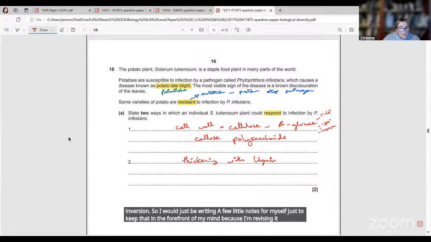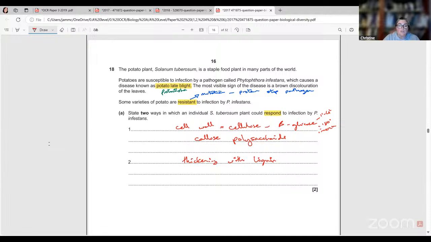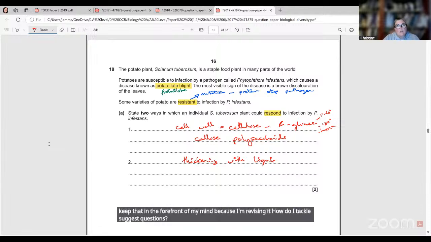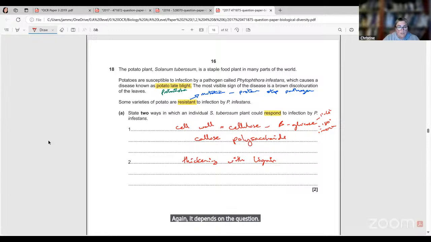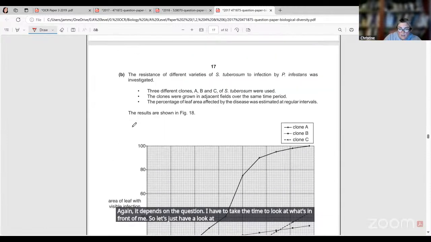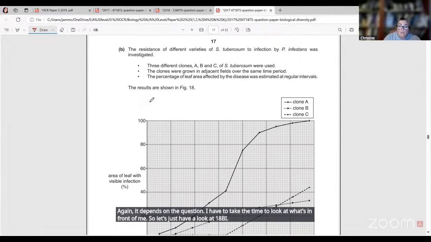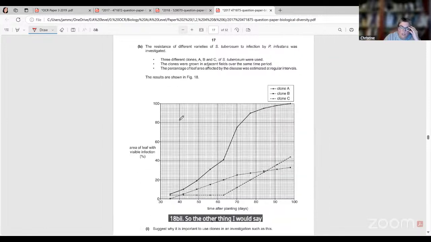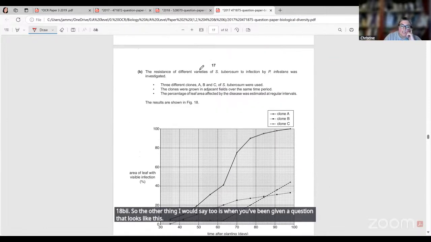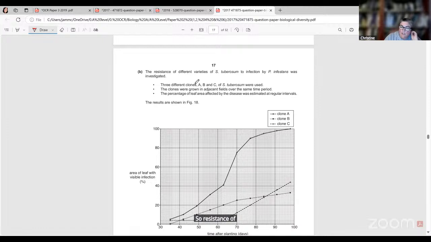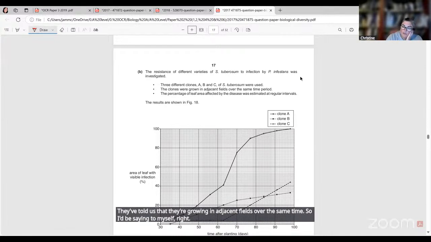How do I tackle suggest questions? Again, it depends on the question. I have to take the time to look at what's in front of me. Let's have a look at 18BII. When you've been given a question that looks like this, resistance of different varieties to infection, they've told us they've got 3 clones grown in adjacent fields over the same time. So I'd be saying to myself, right, what are my control variables?